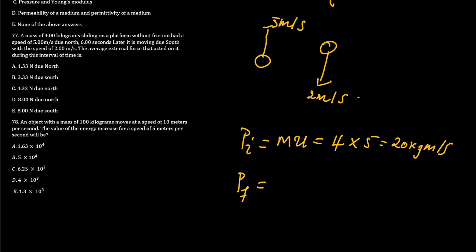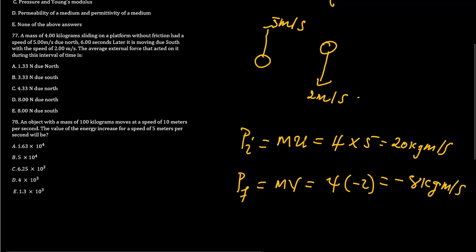We see that the velocity of the object is in reverse direction, and so it's going to be given by mv, which is going to be 4 times negative 2, and so I'm going to get negative 8 kilogram meters per second. So that's the final momentum.